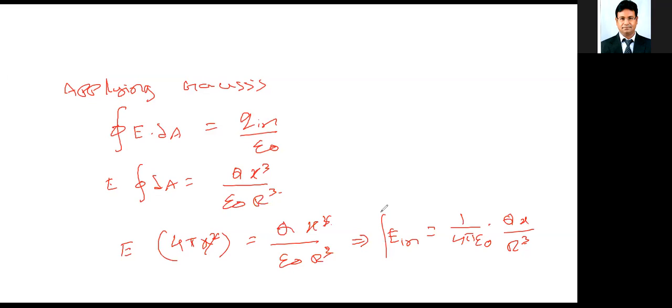A very, very important conclusion. What are we going to conclude from here? I'll write this equation once again on the other board. Electric field inside is 1 by 4 pi epsilon naught into qx by r cube.